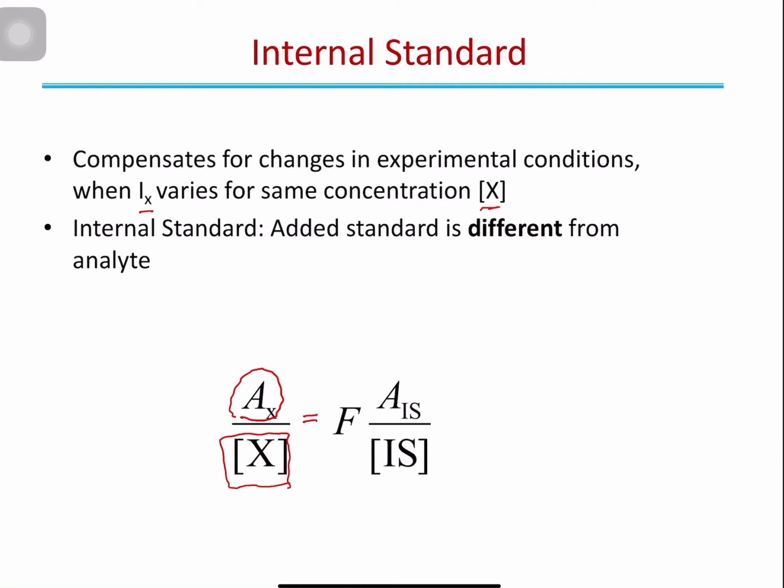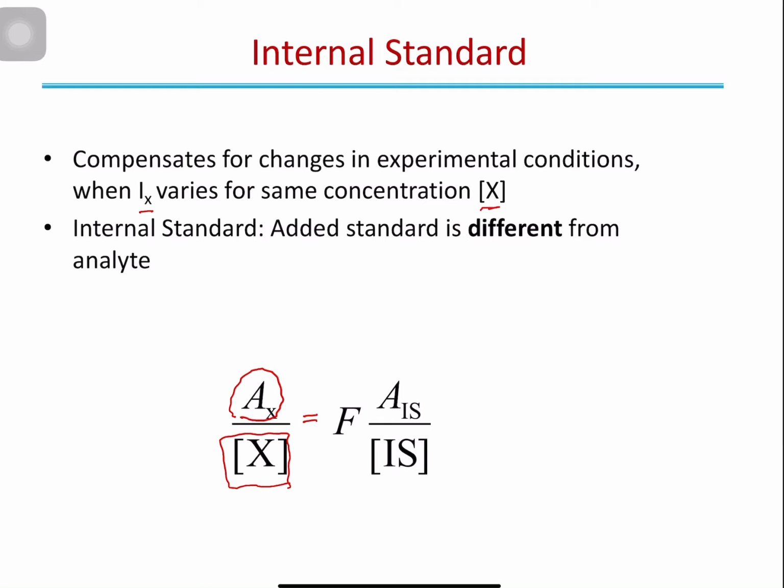In the same solution, we also add the internal standard. So it's only one run; we don't do it in two different runs. Because each will give a different peak in the chromatogram, we can simply calculate the response from both the internal standard and our analyte in the same run.